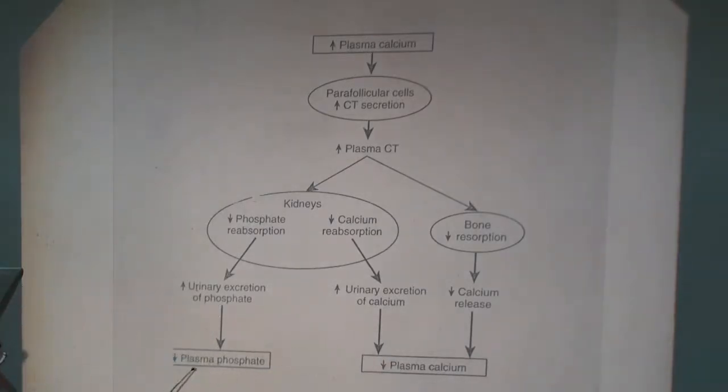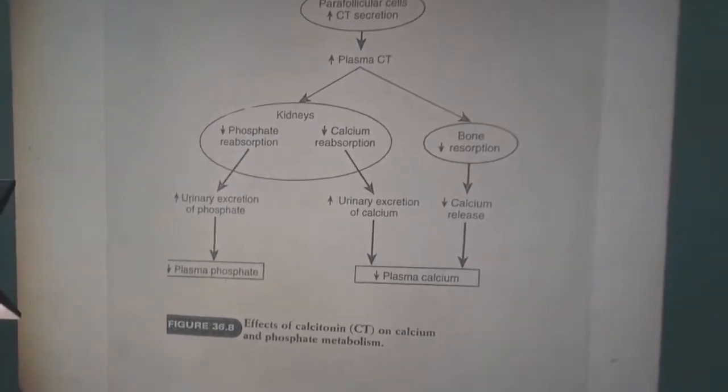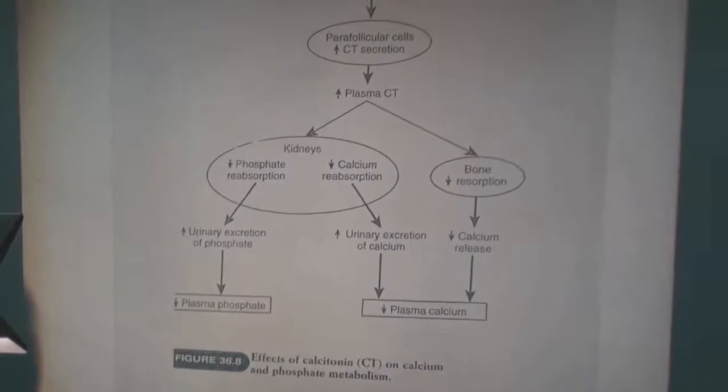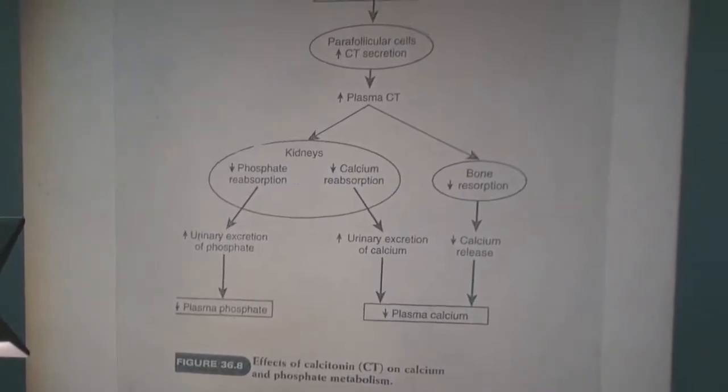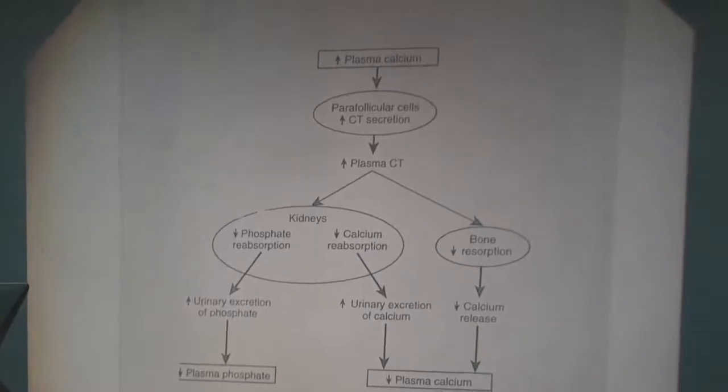As a result, plasma calcium level and plasma phosphate level decrease. This figure shows the effect of calcitonin on calcium and phosphate, opposite to PTH and vitamin D as far as calcium is concerned.